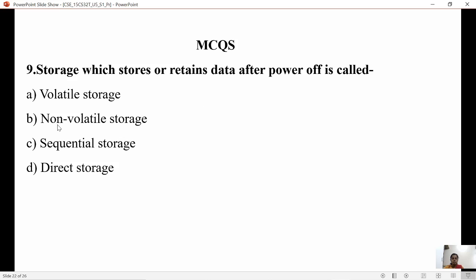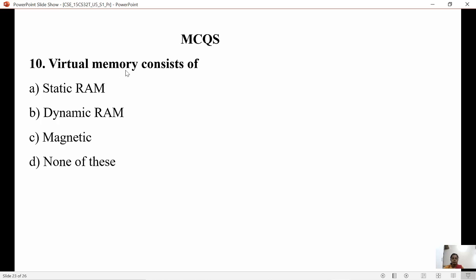The last question: virtual memory consists of which option: static RAM, dynamic RAM, magnetic, and none of these. The solution will be static RAM.